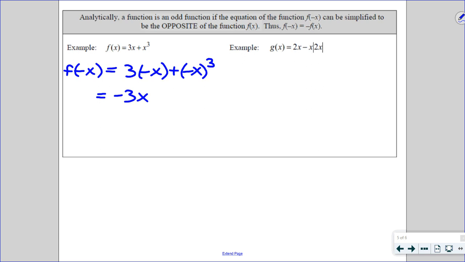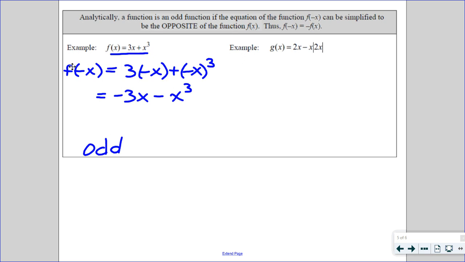So negative x cubed would equal negative x cubed, or I can write it as minus x cubed. Okay, so if you compare what we ended up with to the original function, I hope you're seeing that the sign of each term is now the opposite. So again, that is telling us that this is an odd function.